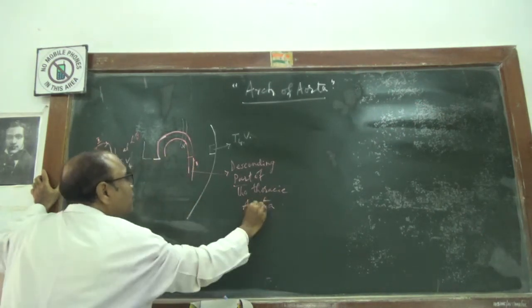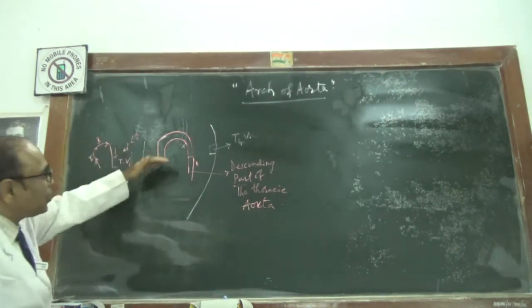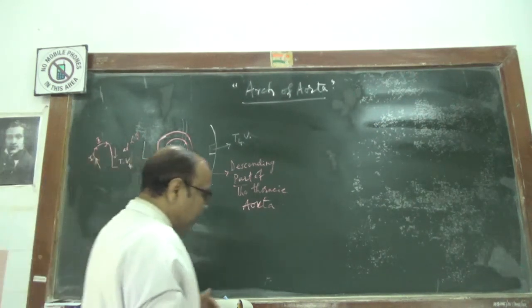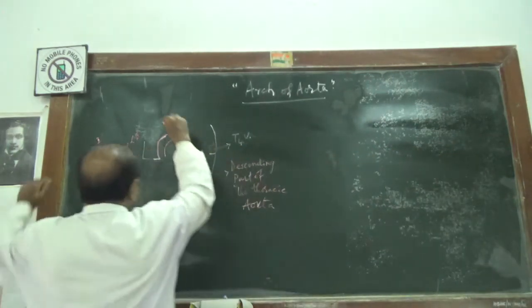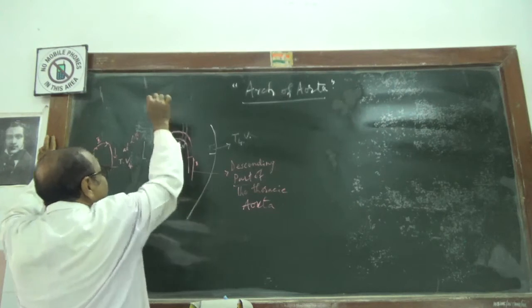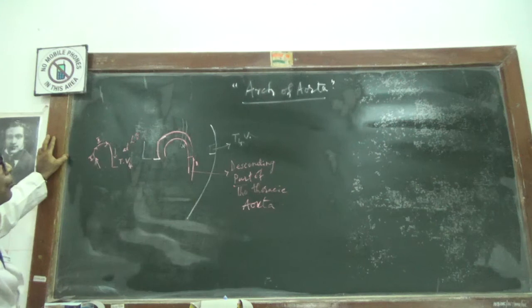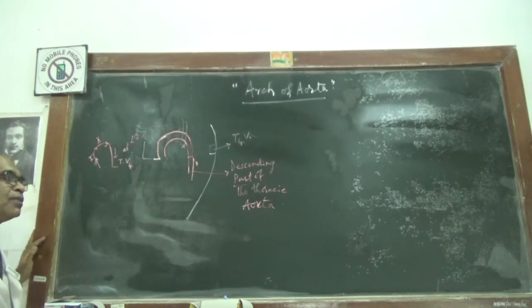So this is how it will be there. But the question is, what does this arch of aorta do? It will supply the neck, the face and the brain, and even the contents of the entire head itself, and the upper limb via their branches.